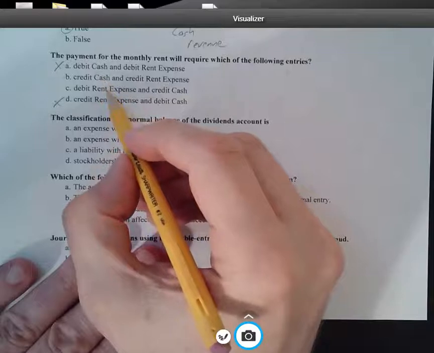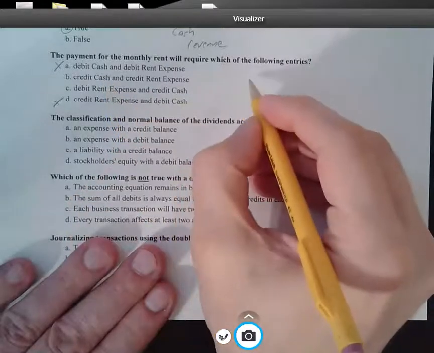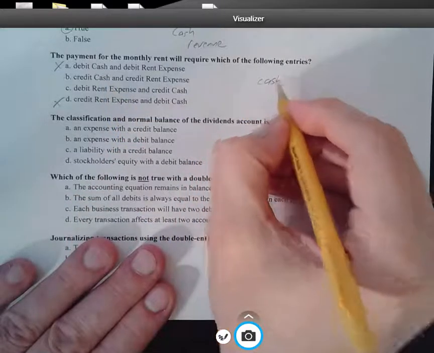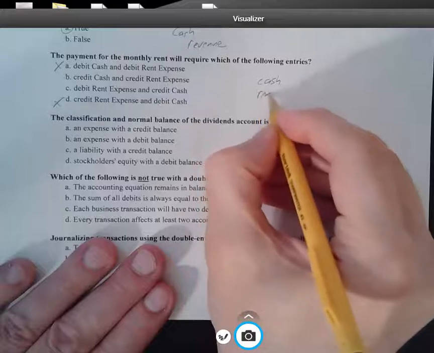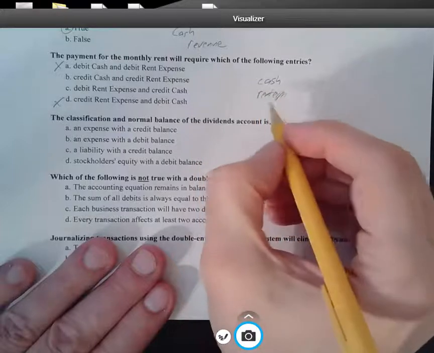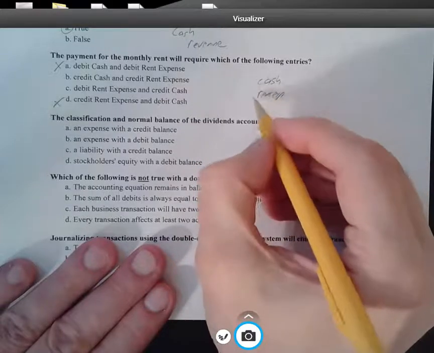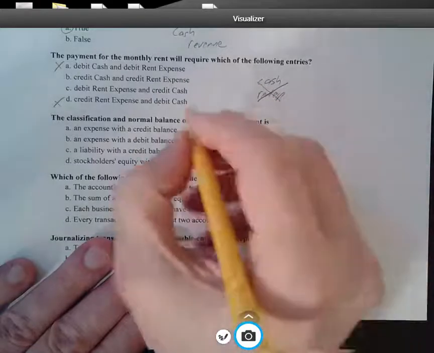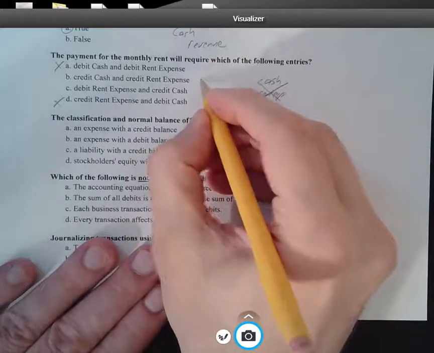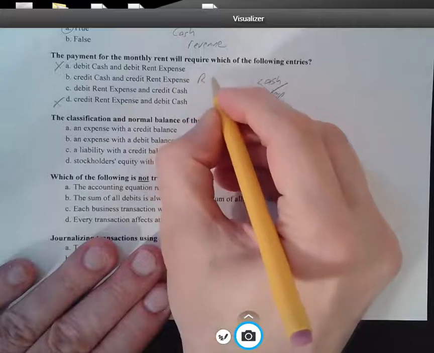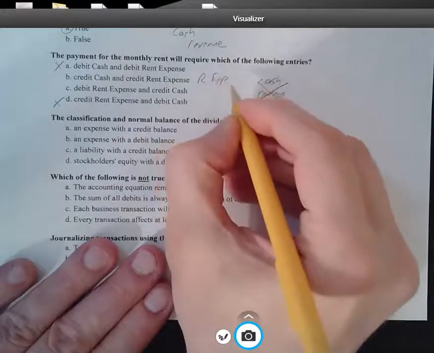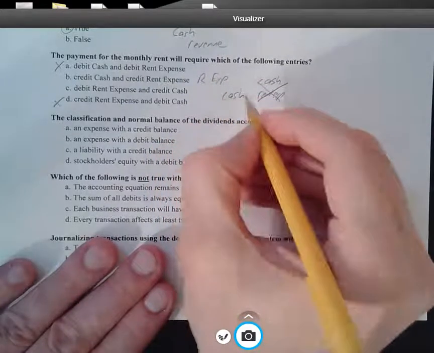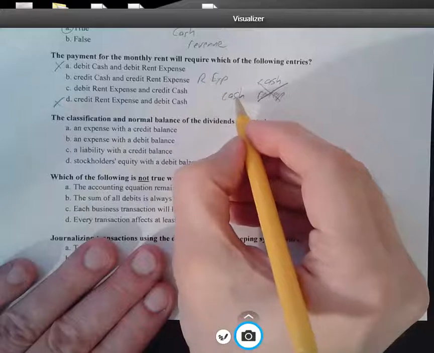We can't have this entry here where cash is here and rent expense is here, and these are both credits. Where's our debit over here? This is no good. What we can do, though, is debit rent expense, and then cash is going down, so it's over here to the right as a credit.